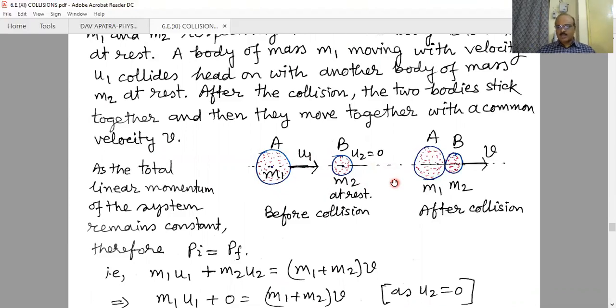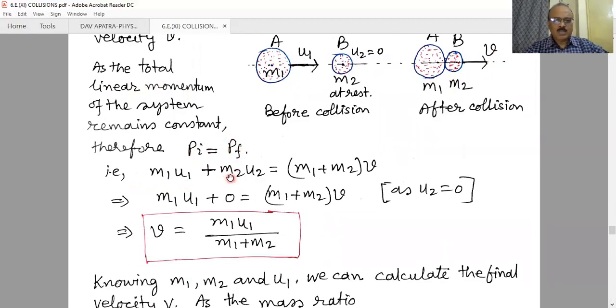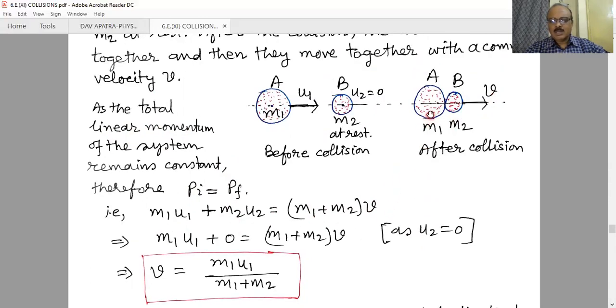So we can find the velocity v here. Even if u2 is not equal to 0, we can also find it, because there is only one unknown, the common velocity v, and we get one equation from the law of conservation of linear momentum. So linear momentum before collision equals linear momentum after collision: m1 u1 + m2 u2 = (m1 + m2) v, because they stick together and move with a common velocity v.